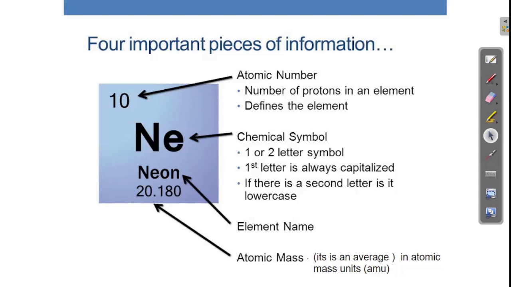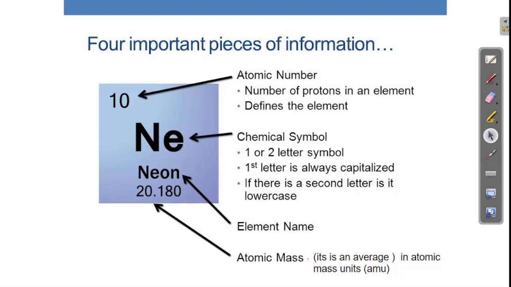But here we go. I want you to notice the little squares. We talked about the little squares a tiny bit before, but notice that they have two numbers. The top number, sometimes it's in the middle right here, is the atomic number. The atomic number is the number of protons for that specific element, and it defines the element.